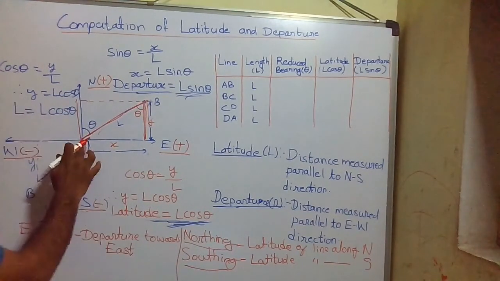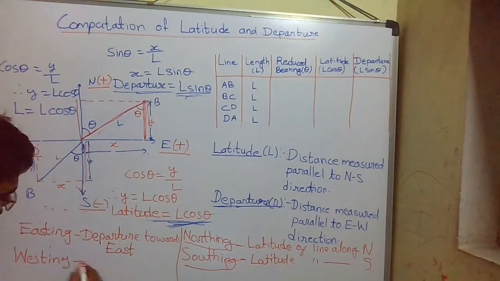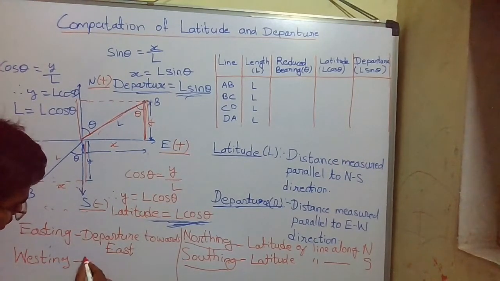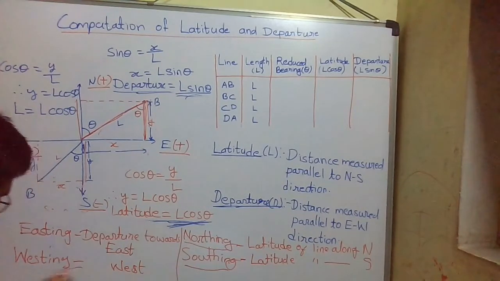If departure is towards east, then it is called easting. And if departure is towards west, then it is called westing. Okay.